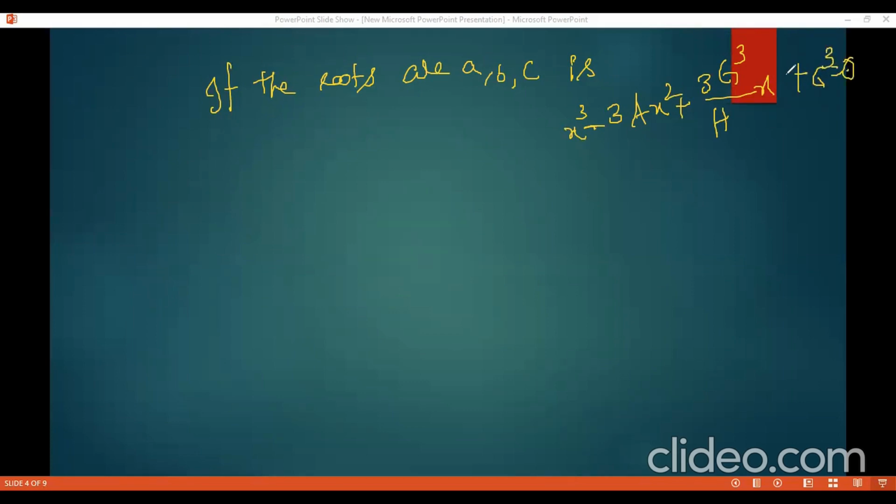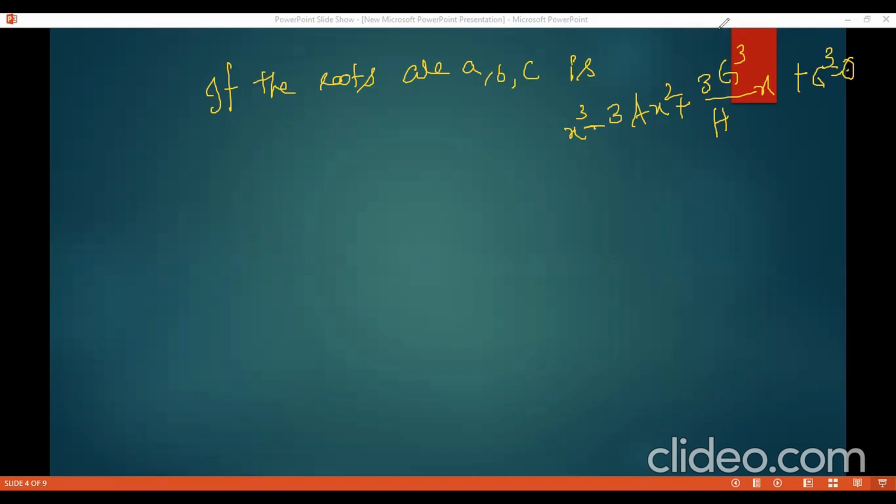If the roots are given, you can write the equation like this. AGH, AM, GM, HM. AGH are sequences or series, whereas AM, GM, HM are simply numbers.